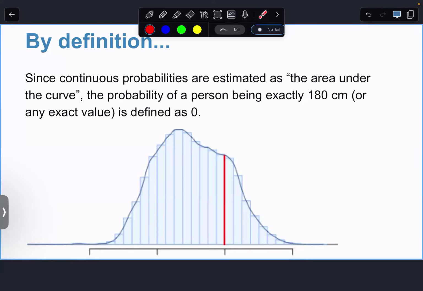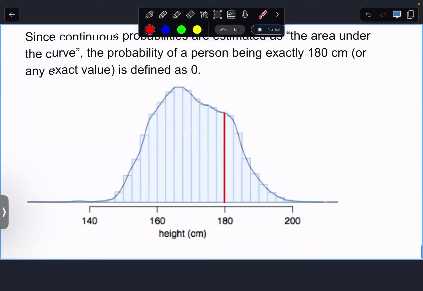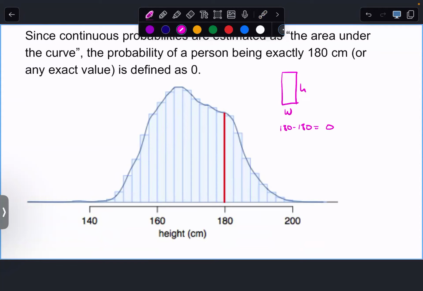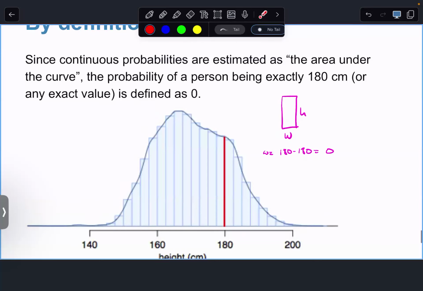That's kind of mind-blowing, because what happens if I have the width times the height, but now the width from 180 to 180 is 0, right? 180 minus 180 is 0. So 0 times the height, doesn't matter how tall it is, the probability is still going to be 0.